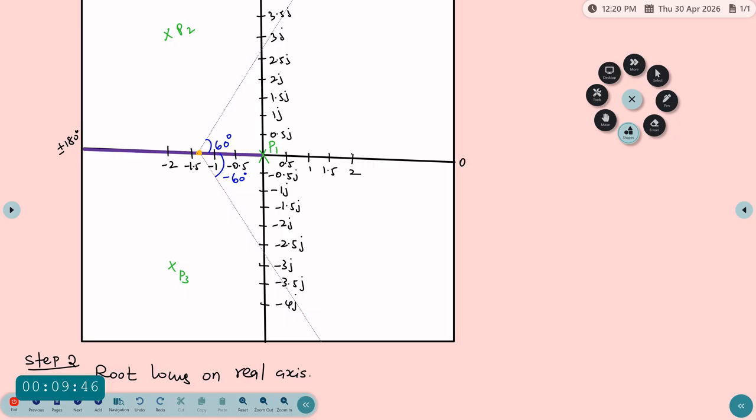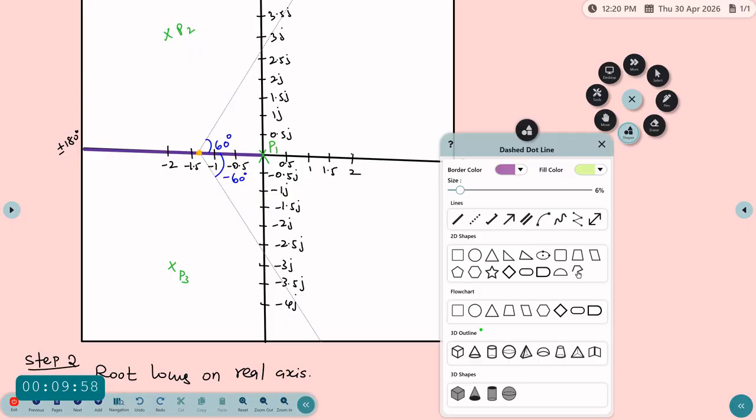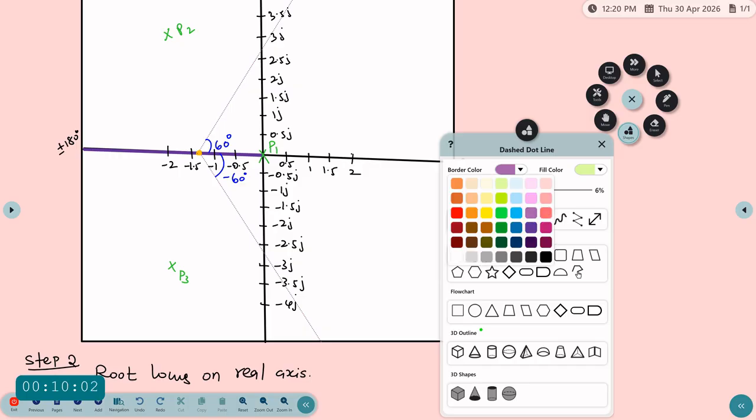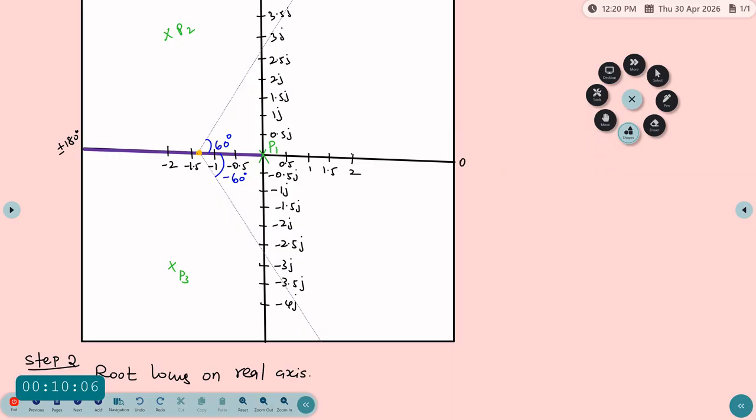So from P2, wait a minute. Yes, we should mark a dotted line. I will reduce the thickness. Yes, now it is okay. So angle of departure at P2 is minus 33.3.